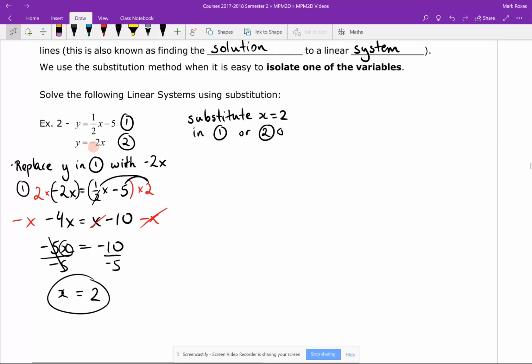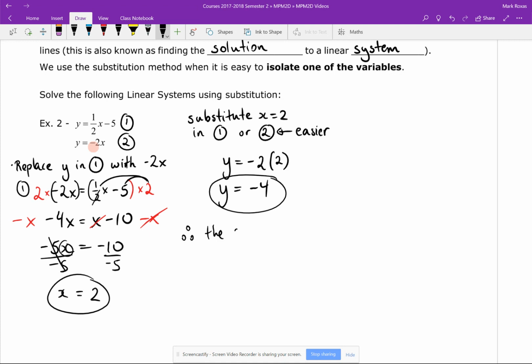So we're going to say this is easier. So taking equation 2, y equals negative 2 times my x value, which we found is 2, and that gives me a y value of negative 4. So there's my y value. I have my x value, so therefore the solution is positive 2 and negative 4.